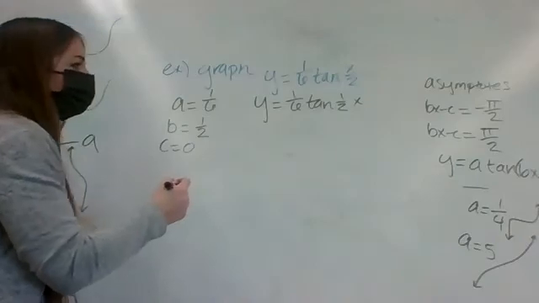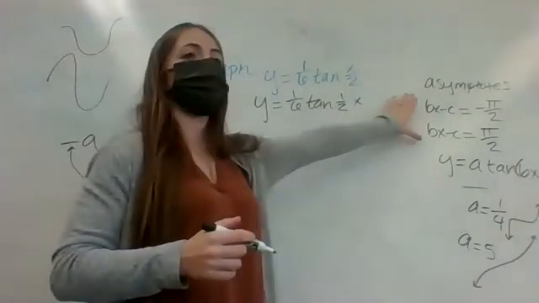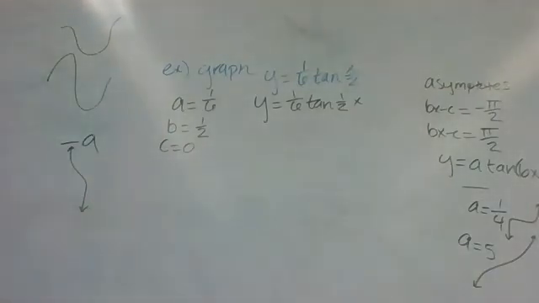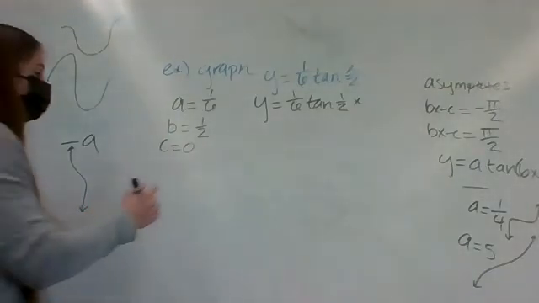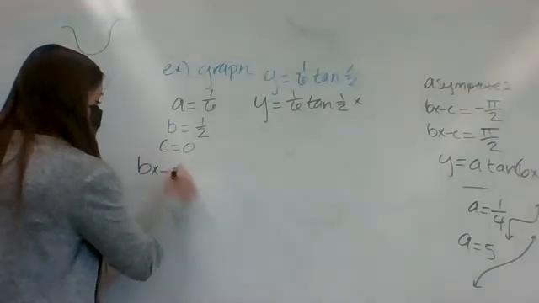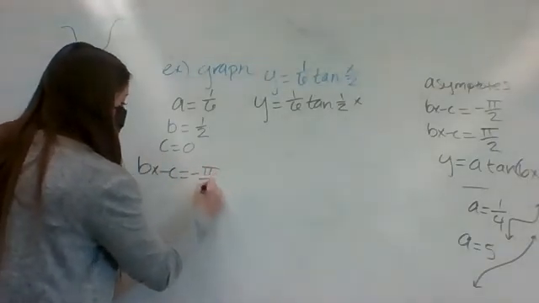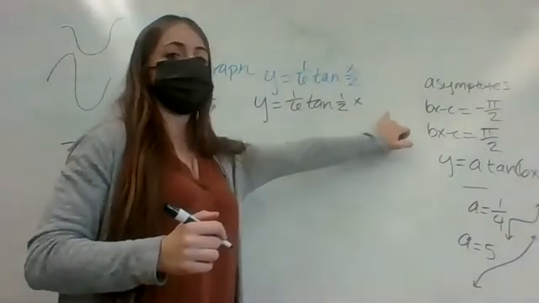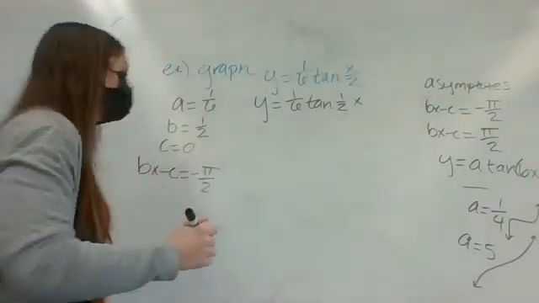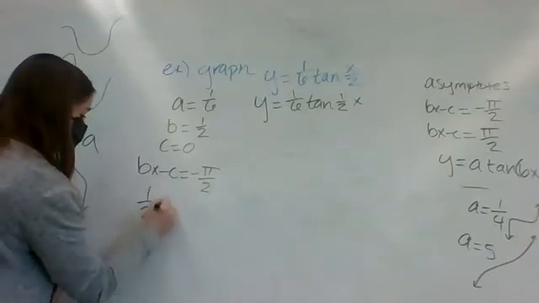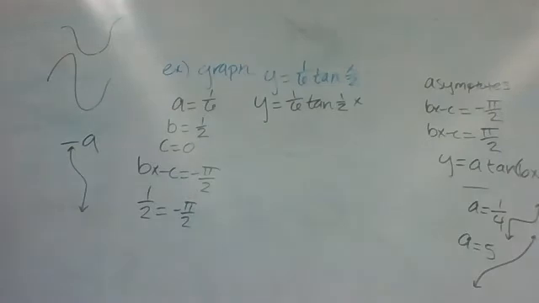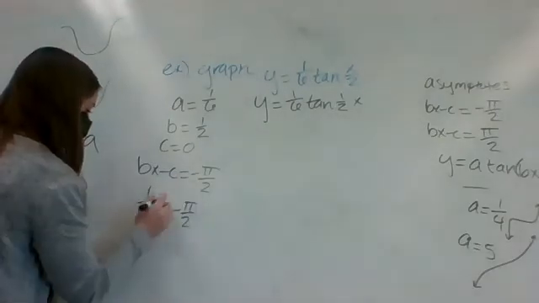So we want to first start out by finding these asymptotes. I don't even know where to start with my graph if I don't know where my asymptote is going to be. So we have bx minus c equals negative pi over 2. That means I take my bx minus c, which here is just 1/2 x, and set it equal to negative pi over 2.